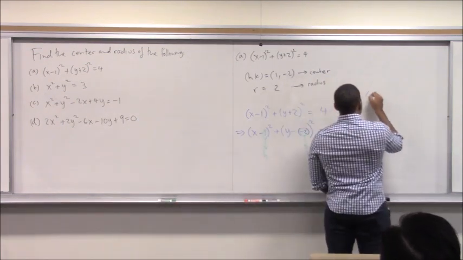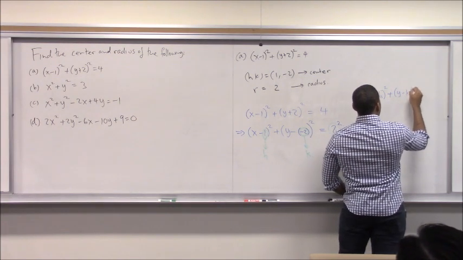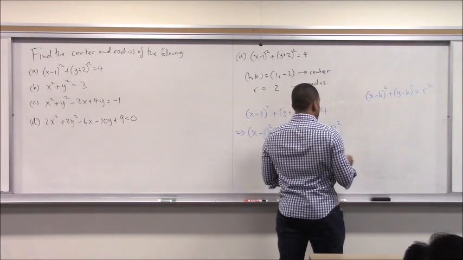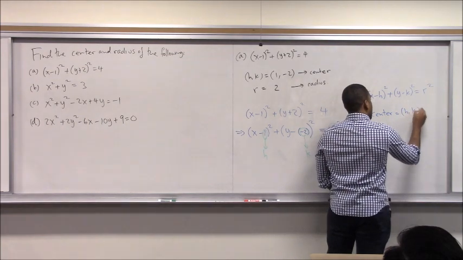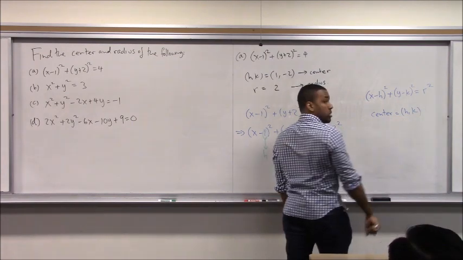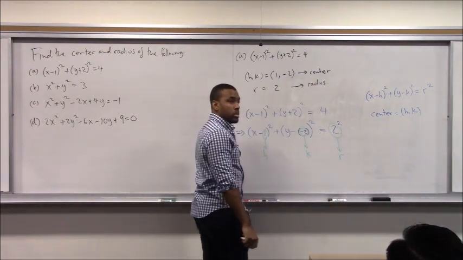We have x minus h squared plus y minus k squared equals r squared. So according to this, I know that the center is h comma k, which means whoever is behind a minus sign, I'm putting that here. The 1 is behind a minus sign. Put it there.